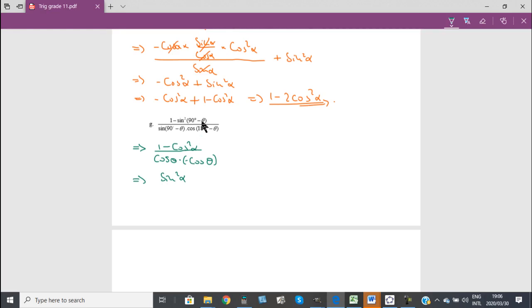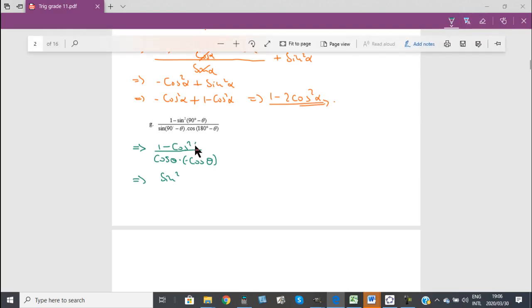Okay, it's alpha by mistake there, so let's change that to theta. So that's sine squared theta over minus cos squared theta, and this is negative sine theta over cos theta, that's tan. If finally it is squared, then it's just tan squared.